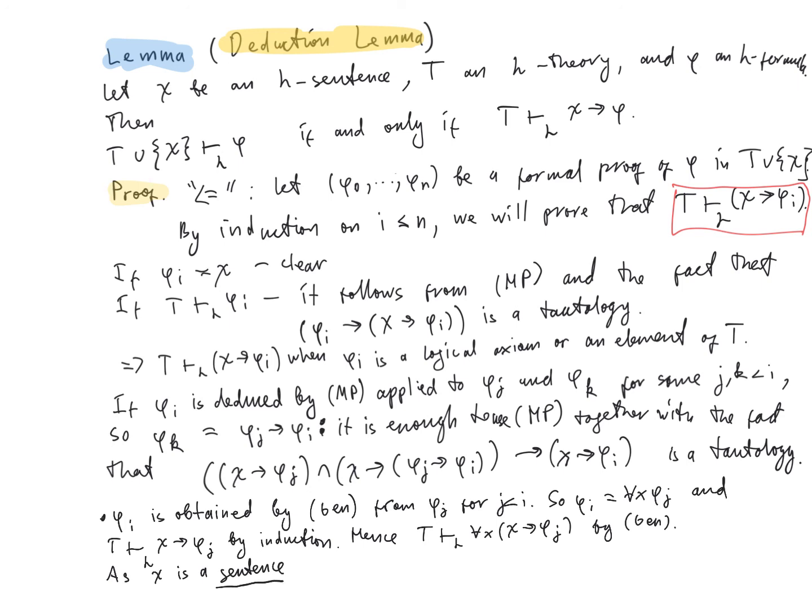In the statement of the lemma, we have that the formula (for all x (χ implies φ)) implies (χ implies for all x φ) is a quantifier axiom, namely it is an instance of Q1, and the variable x does not occur freely in χ because χ is a sentence, so it has no free occurrences of any variables at all.